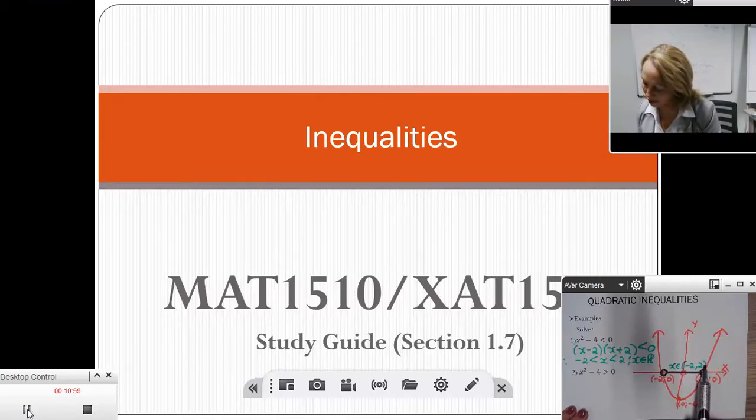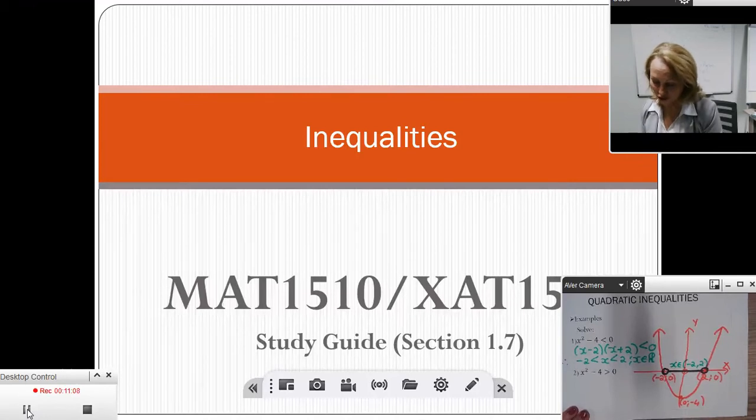So now I'm interested in this part of the graph and that part of the graph. Those are now the parts of the graph for which the parabola lies above the x-axis. Remember, it's the same factors and therefore it's the same parabola. The zeros are still -2 and 2.